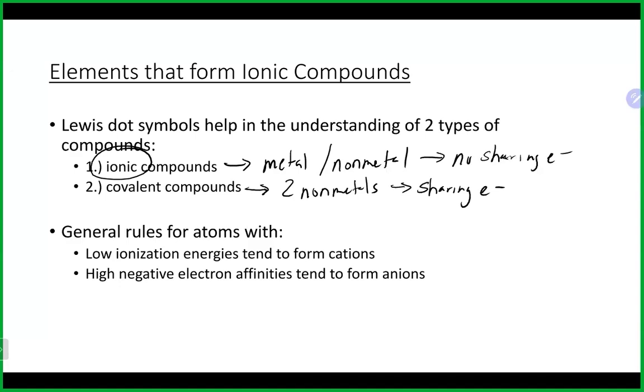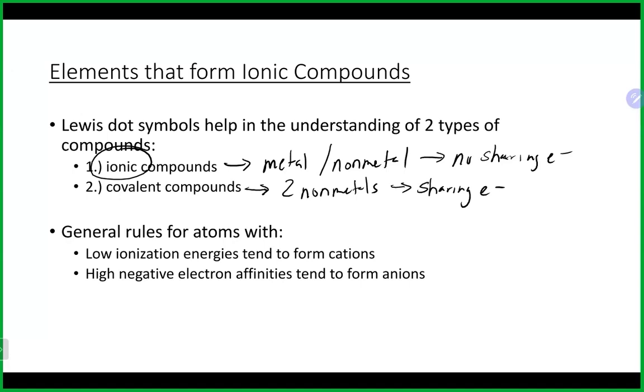And again, much like what we talked about with naming, it is really important to take a look at what you're dealing with so you can understand what type of bond is happening. Are they sharing electrons? Are they going to transfer electrons? So it's always good to take that moment and try to identify what you're dealing with before you just jump in there and try to figure it out.